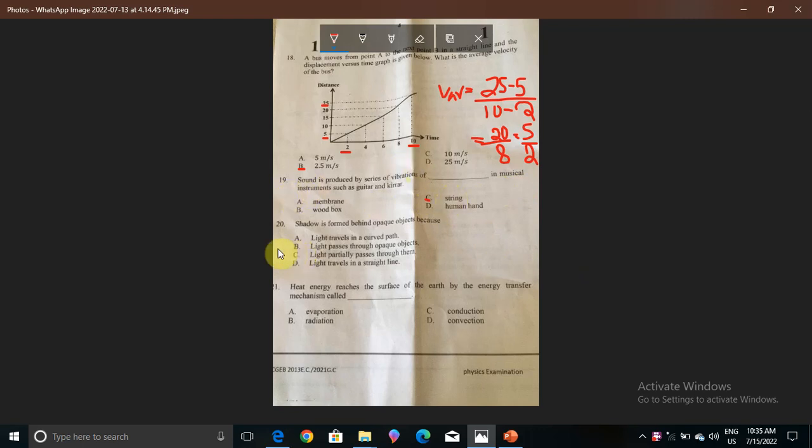Now question number 20, shadow is formed behind opaque objects because light travels in a curved path, or light passes through opaque objects, or light partially passes through them, or light travels in a straight line. The answer is D. Light travels in a straight line.